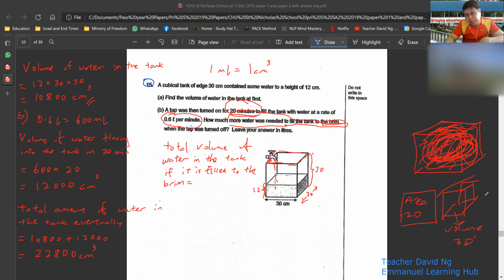Volume is defined, teacher David Ng definition, as the amount of space within a three-dimensional confinement. Does that help in your understanding of volume? Okay, that's the definition of volume.